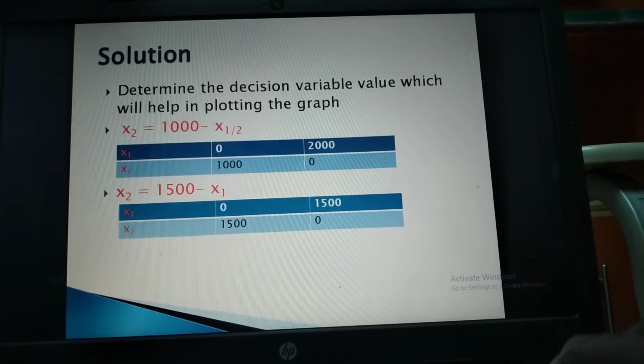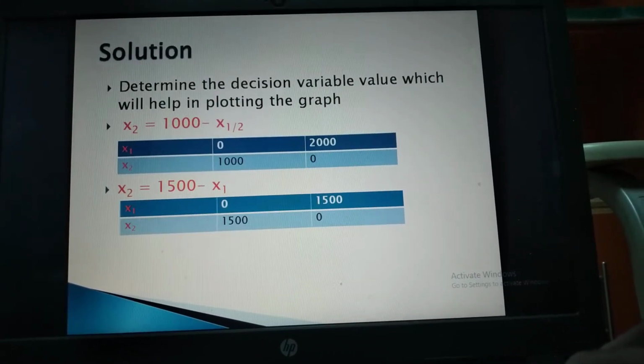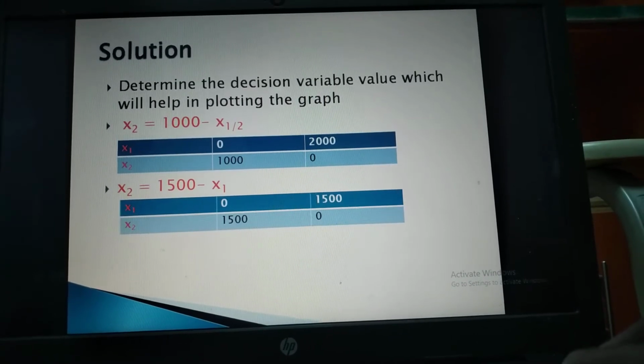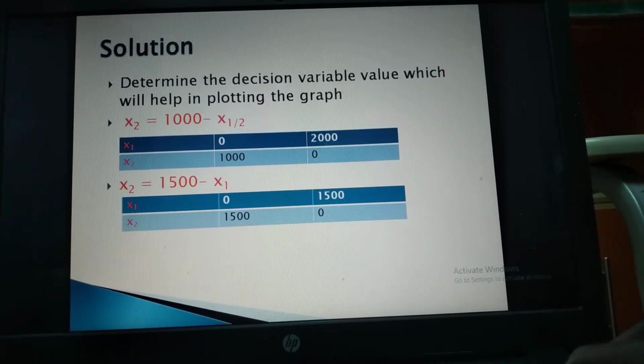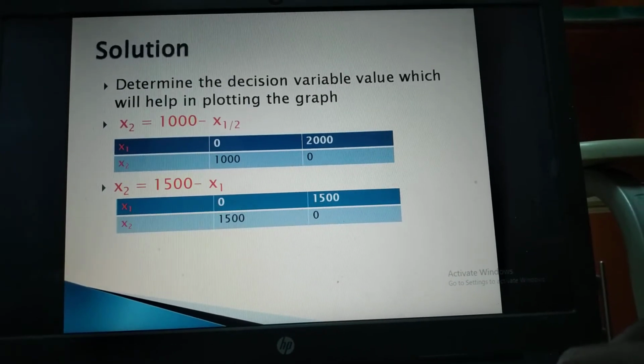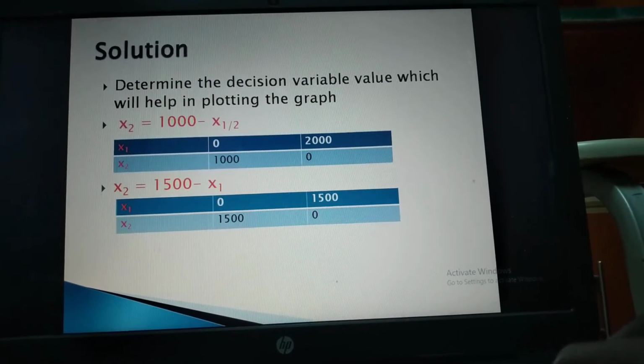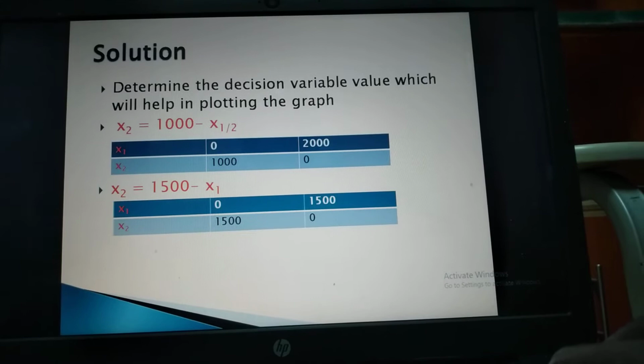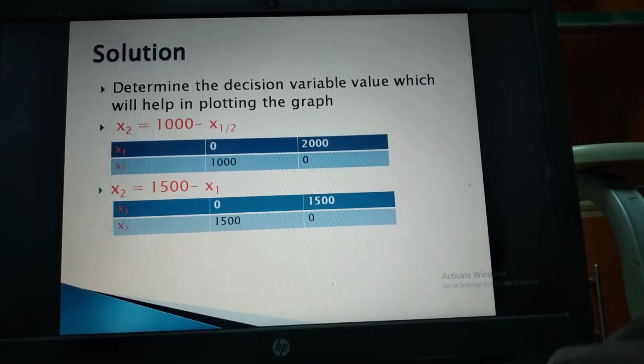We come to the next equation. Let x1 be 0. What is x2? It will be 1500. Let x2 be 0. What is x1? x1 will be 1500.